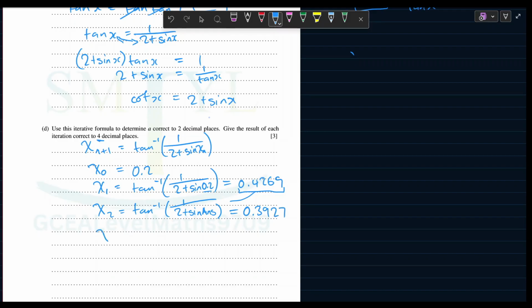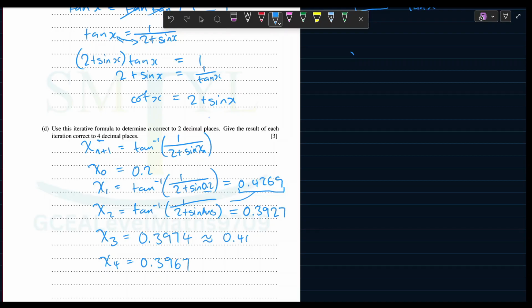0.3927. And again, don't change anything, simply press equals. I get 0.3974. It hasn't converged yet. X4, press equals. That's 0.3967. It looks like we have converged.